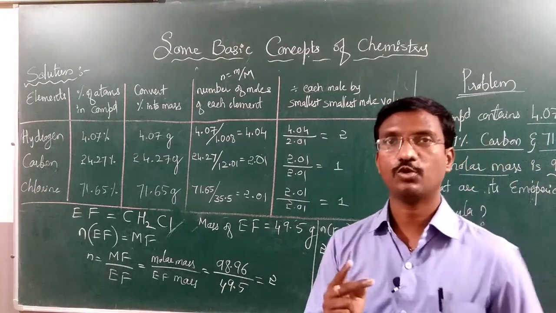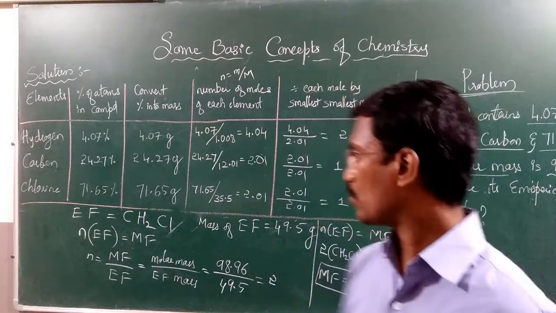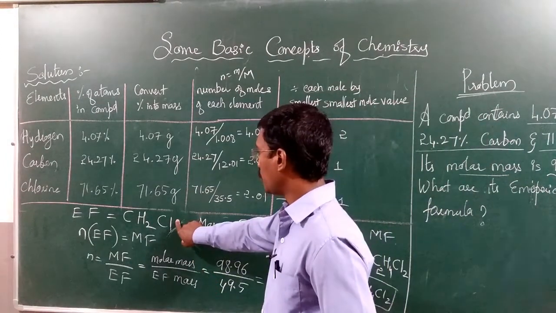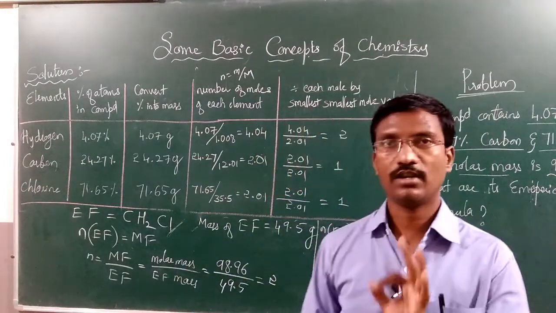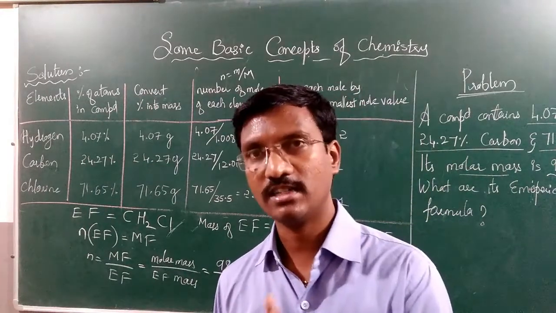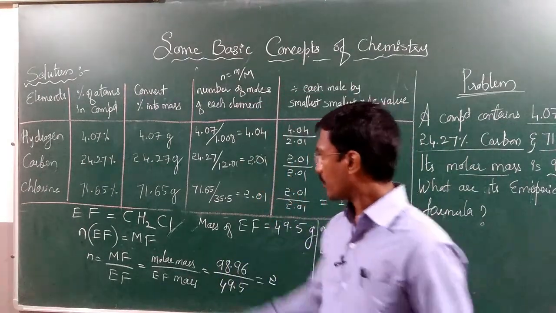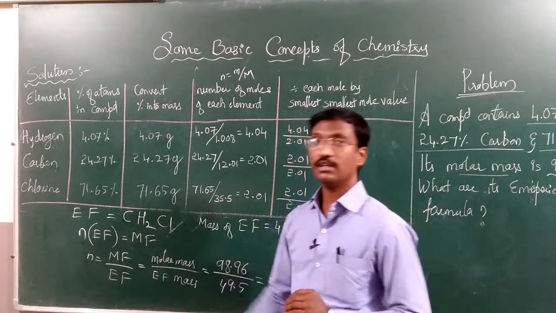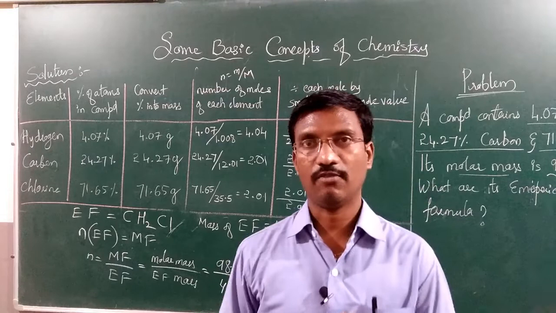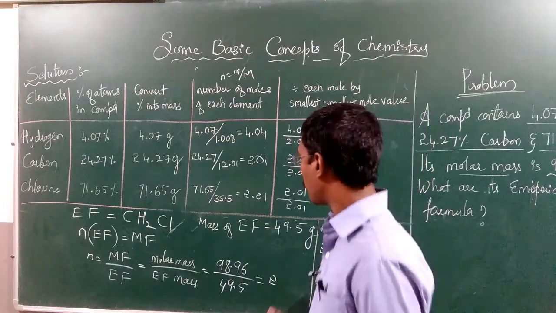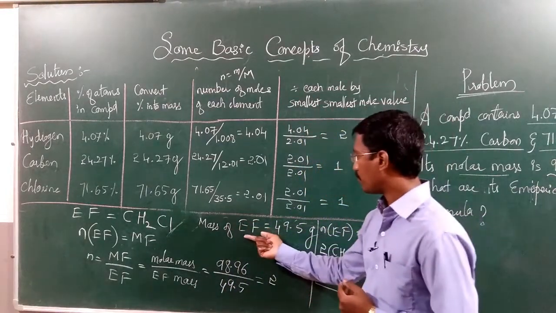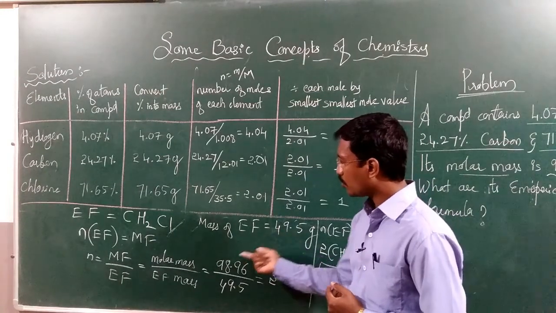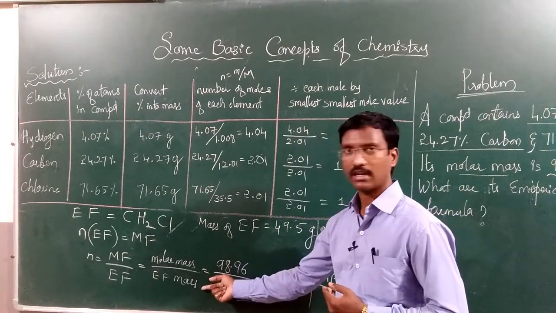This is the second question they ask. The first one is to calculate the empirical formula. Sometimes they will ask you only to calculate the empirical formula, and at that time you have to stop here. So up to here it is the determination of empirical formula. To calculate the molecular formula, you have to calculate the mass of the empirical formula and divide the molar mass by the mass of the empirical formula.